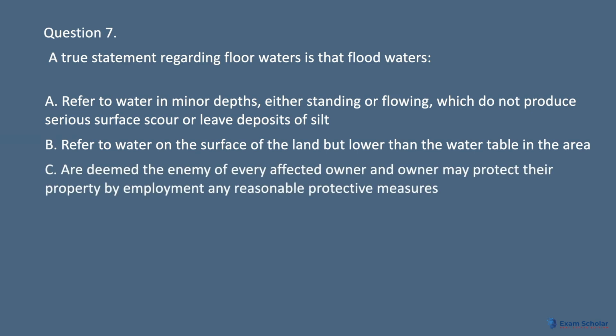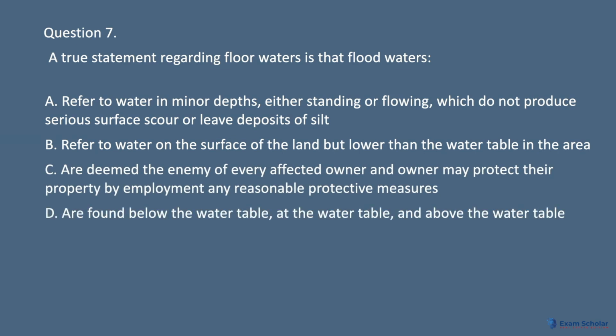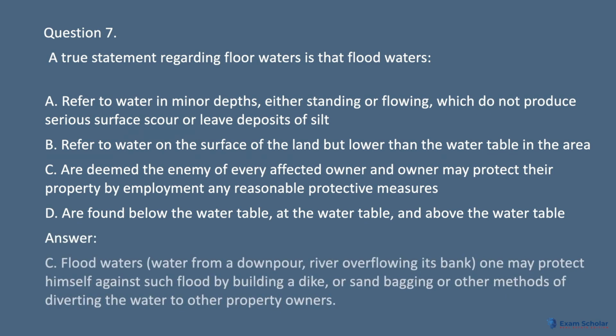C. are deemed the enemy of every affected owner, and owners may protect their property by employing any reasonable protective measures. D. are found below the water table, at the water table, and above the water table. Answer: C. Flood waters, water from a downpour, river overflowing its bank. One may protect himself against such flood by building a dike, or sandbagging, or other methods of diverting the water to other property owners.